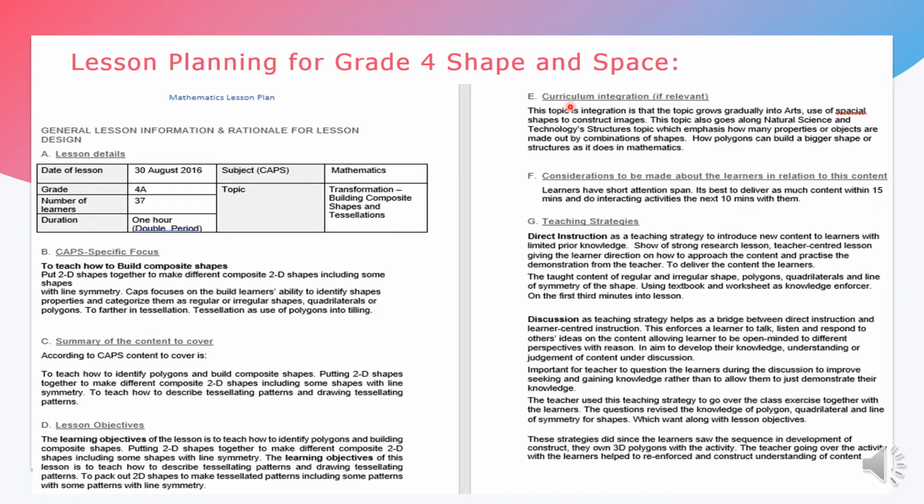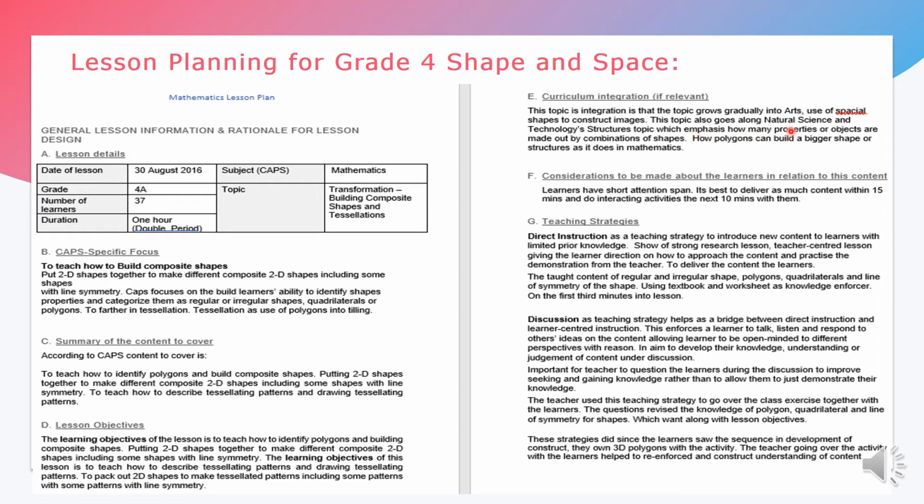This one is interesting. This is where they ask you, okay, this topic, how is it related to another subject? It cannot be under mathematics. It has to be another topic outside of maths. This topic is an integration, in that the topic grows gradually into arts and uses spatial shapes to construct images.